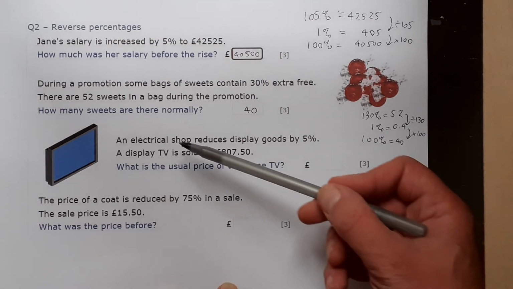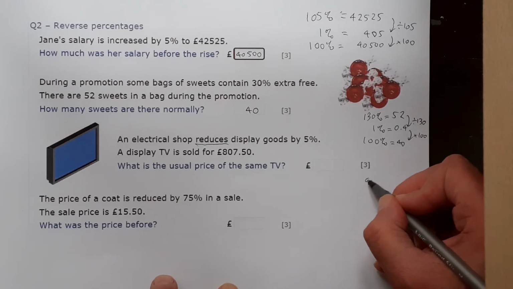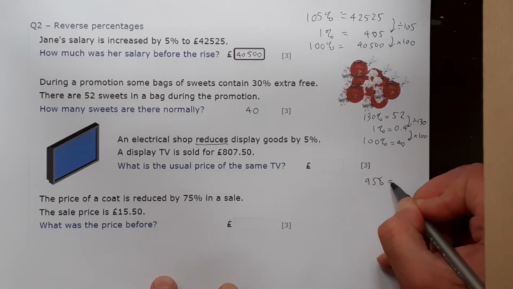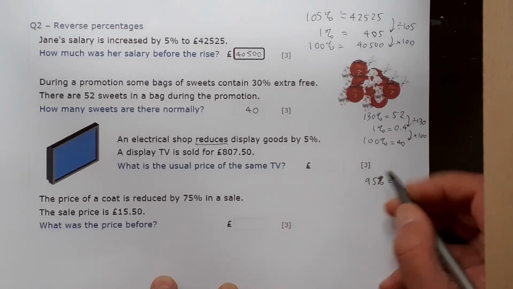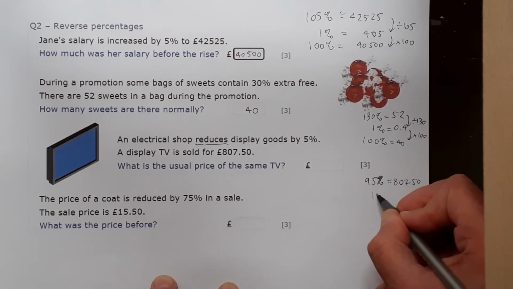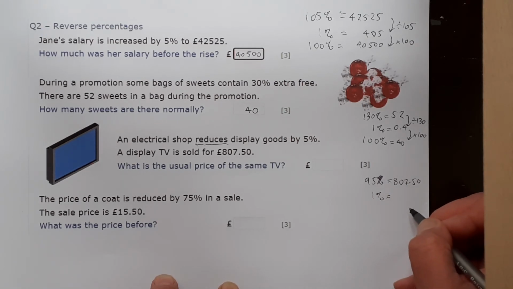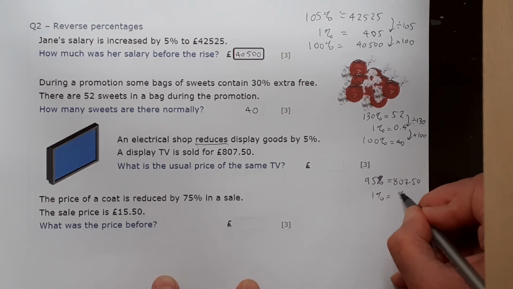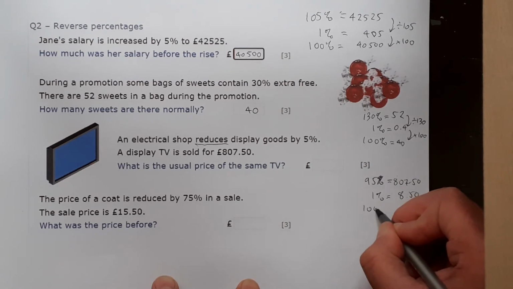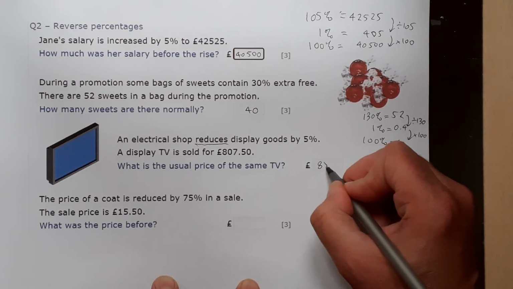Okay, next question, it's reduced by 5%. So in this case, 95% of the selling price is £107.50. 1%, if I divide that by 95 to find 1%, that's £8.50. So 100% is £850.